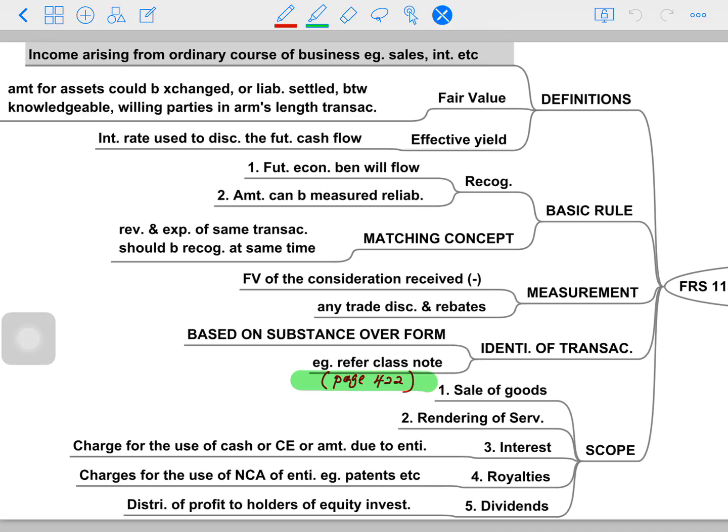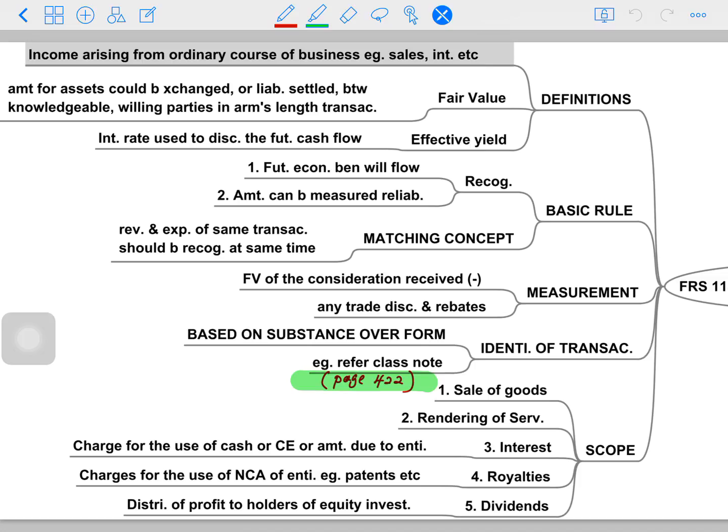But if at one time you sell land that you bought some years ago to other parties, that sale does not amount to the ordinary course of business. That is not your revenue covered under FRS 118. FRS 118 only covers revenue from the ordinary course of business. Examples here are sales, interest, etc.